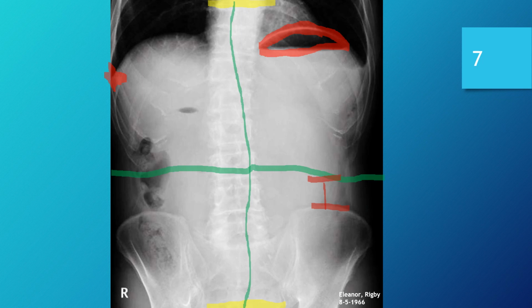So number 3, does the image demonstrate adequate exposure properties? Now this is where we're going to get into, I guess you could say, the biggest issue with this image.